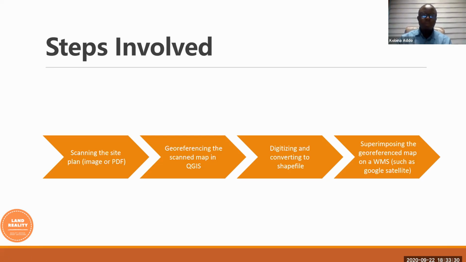So you put it on the table, take a picture, and then you are done. That's the first step. When you finish, you move to the QGIS software, and then you upload the scanned image onto the georeferencer. So when you are done, you'll be able to digitize, and then you superimpose it to be able to get the Google satellite image.